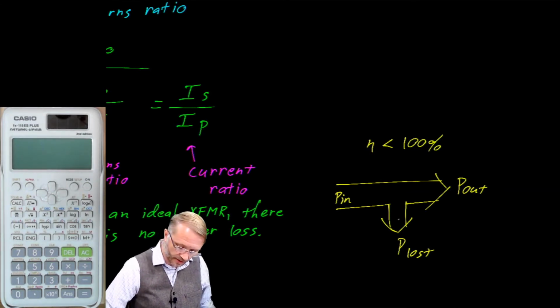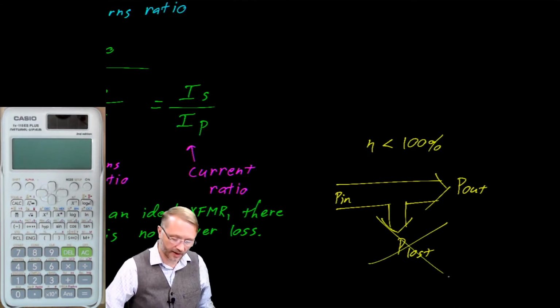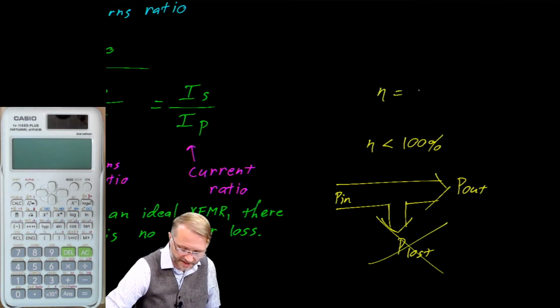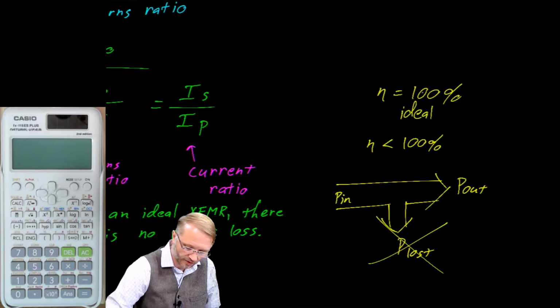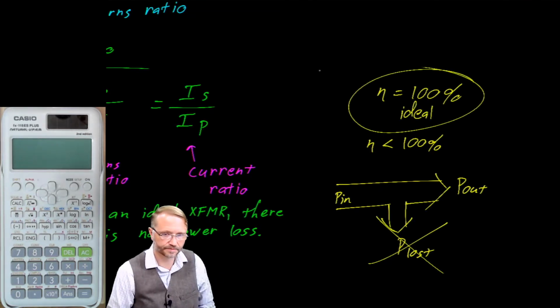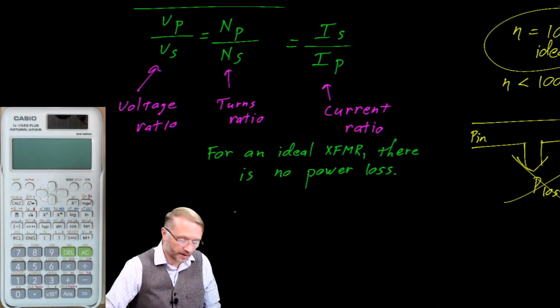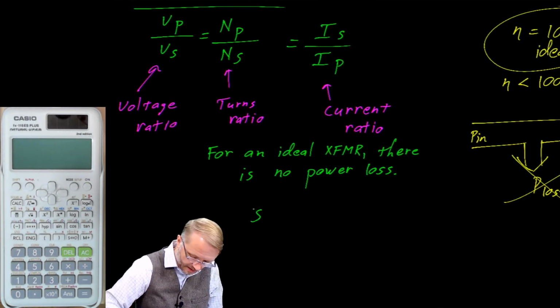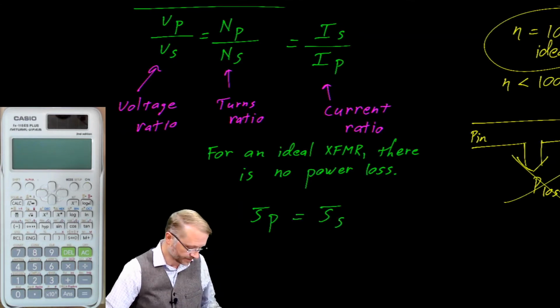However, for now, we're assuming that there is no power loss. We say eta is equal to 100% in an ideal situation, or for an ideal component. Another way of saying that is that the complex power in the primary is equal to the complex power in the secondary.